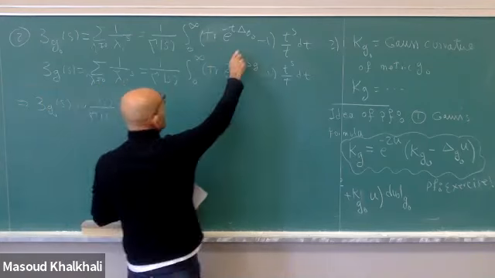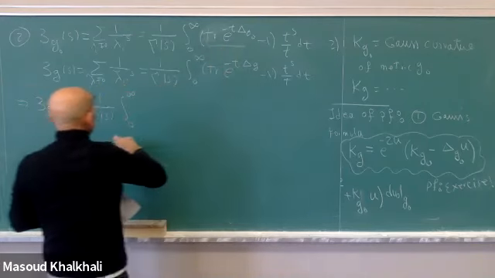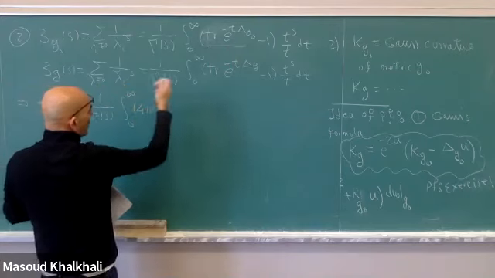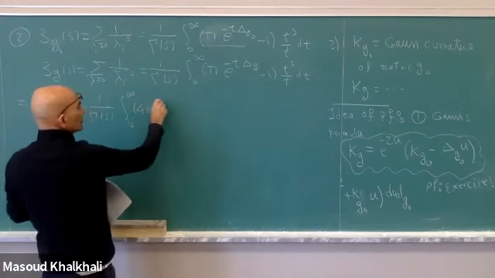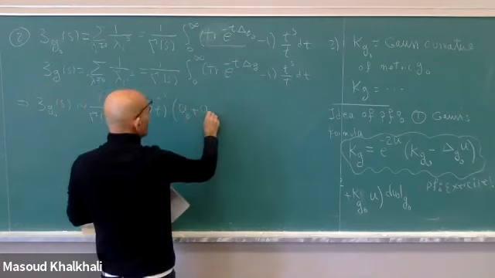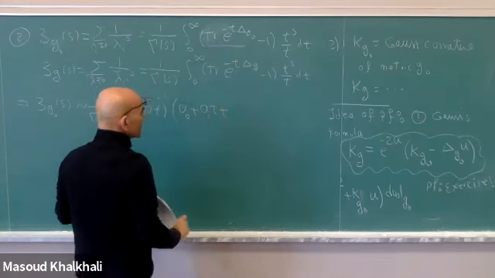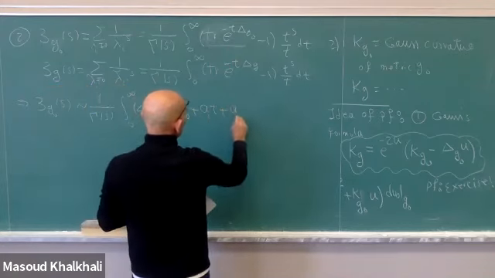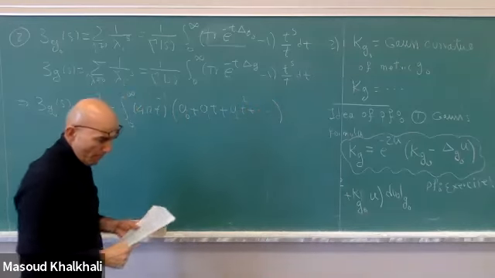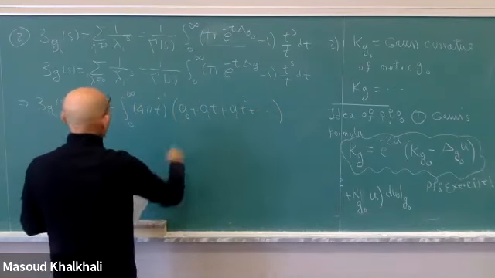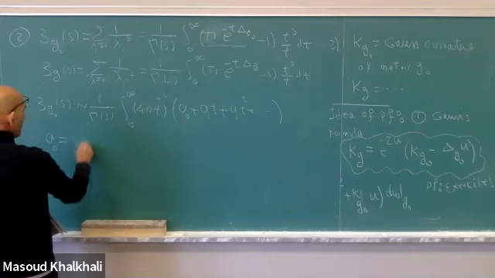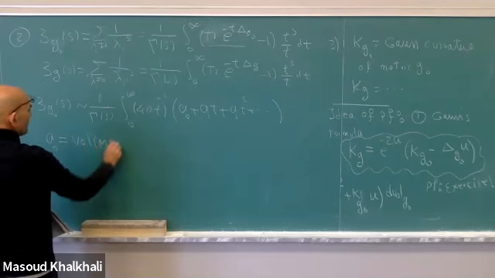Now, we know that this is 4 pi t to the power minus n over 2, but n is 2, so this is minus 1 times a0 plus a1 t plus a2 and so on. Now this a0, we know what it is. a0 is the volume of M with g0.